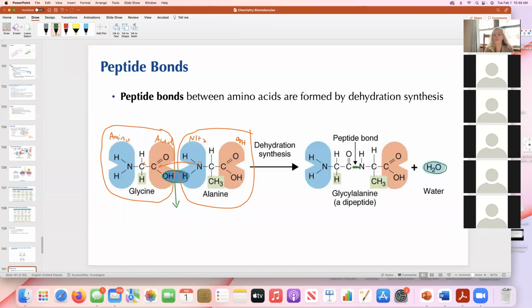And then we have our other alpha carbon with a methyl group on it, and then COOH. We removed water and made that strong peptide bond. And we could do this over and over and over again. And instead of having a dipeptide and a polypeptide, eventually you would have a whole protein.